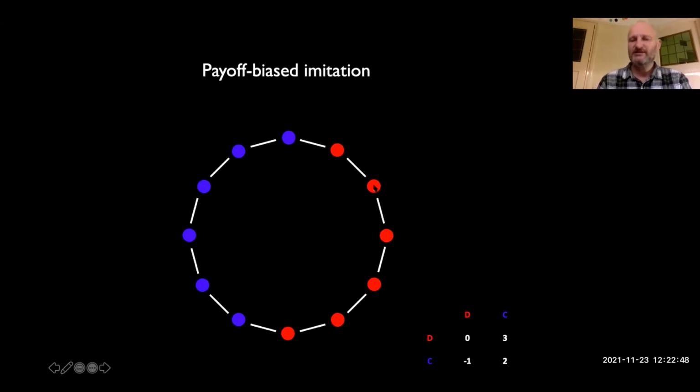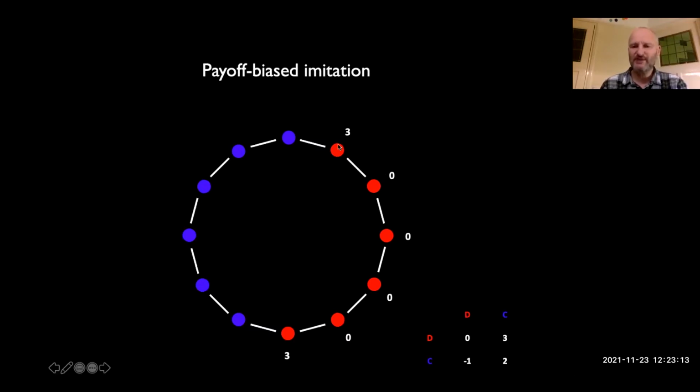So here, let's say that the red players play defect, the blue players play cooperate, and they play a prisoner's dilemma with their left neighbor and their right neighbor. So these guys are defectors themselves. They have defectors on the left and on the right. So they get 0 from their left neighbor and 0 from their right neighbor. And therefore they have a total of 0 for payoffs.